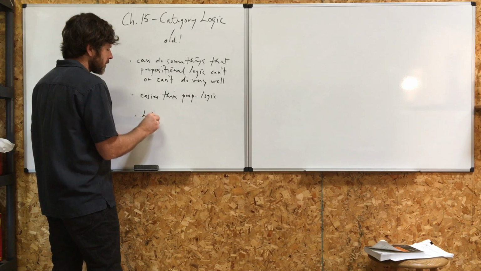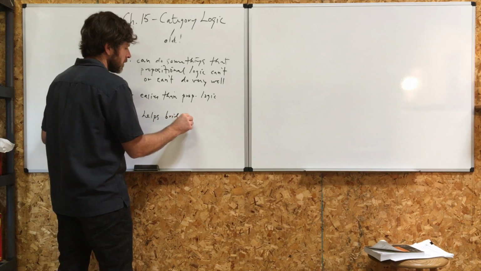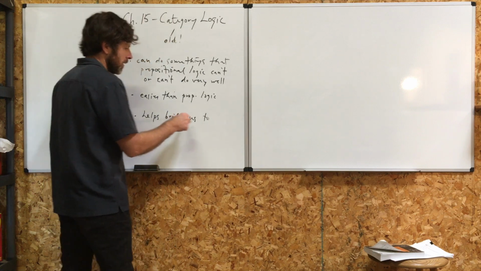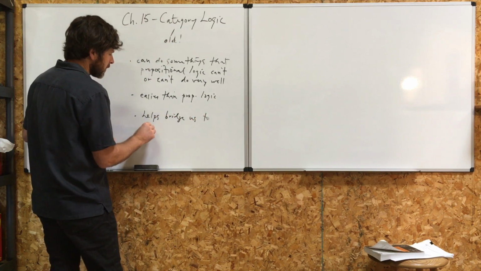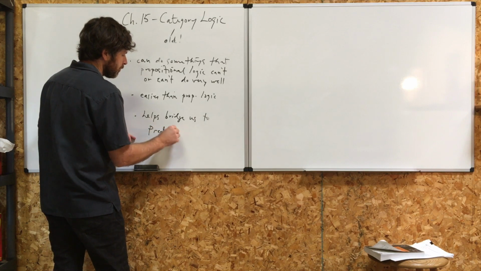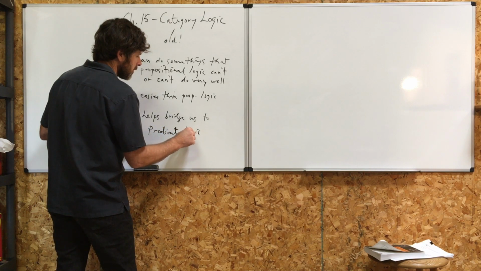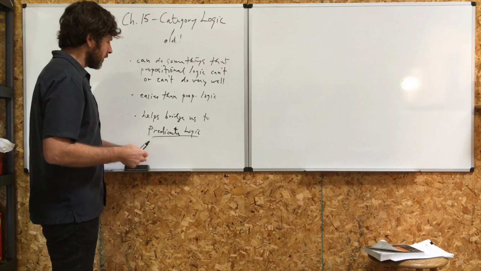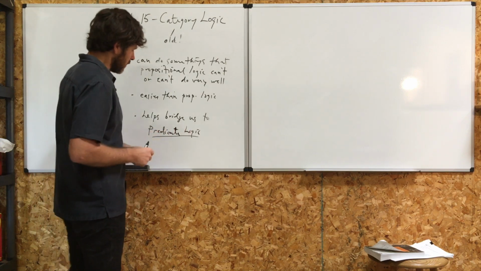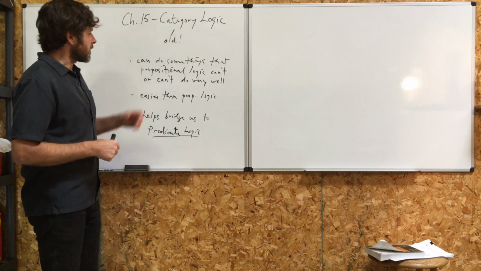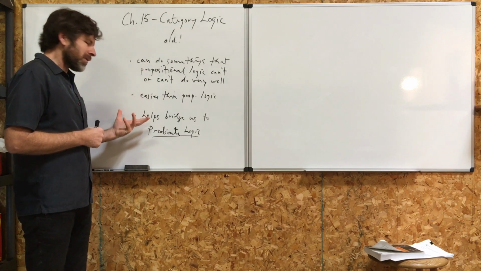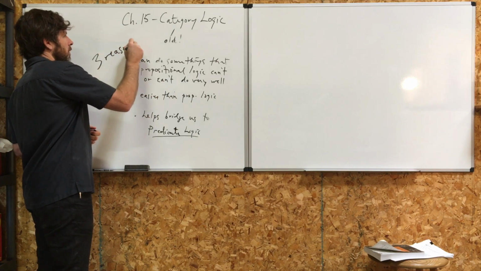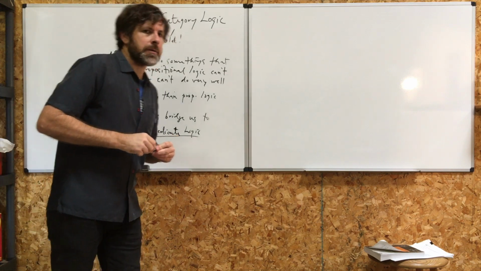It helps bridge us to the final system we're going to look at in this class, what's called predicate logic, because predicate logic combines both propositional with category logic. Predicate logic looks like that. So, yeah, I guess these are the two main reasons here. No, the third one's pretty important too. So, yeah, three reasons to engage in category logic.